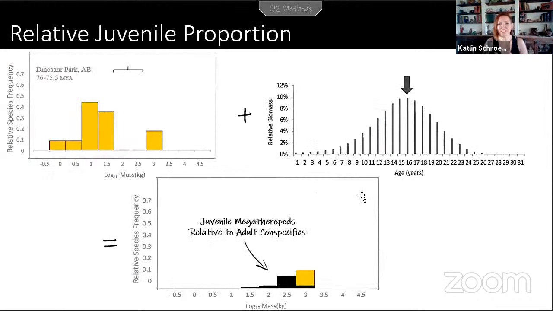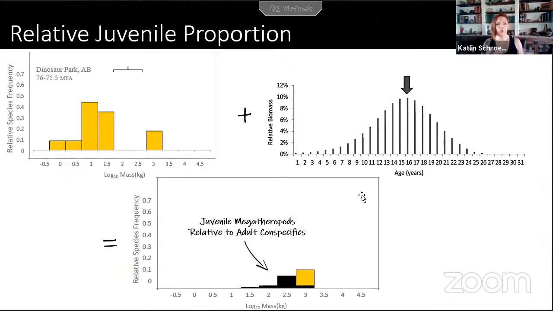But what we can take from those biomass estimates, and for this project, we happen to do this for 6 species of Tyrannosaurids and 4 species of Allosauroids. What we can do with the biomass is to set the juveniles of each of these species relative to their adults. So if we say that one adult is worth 1, right?